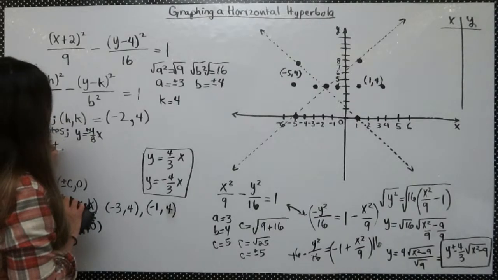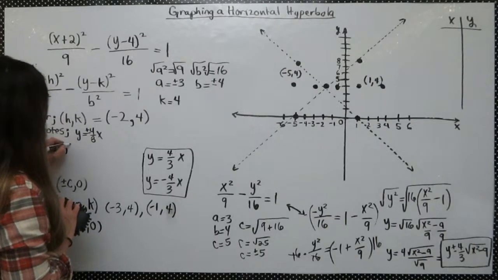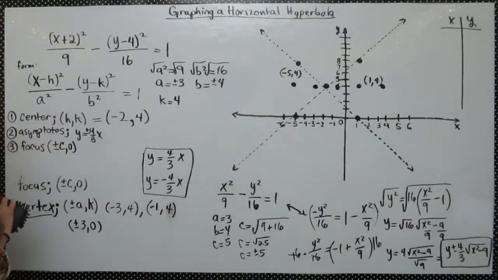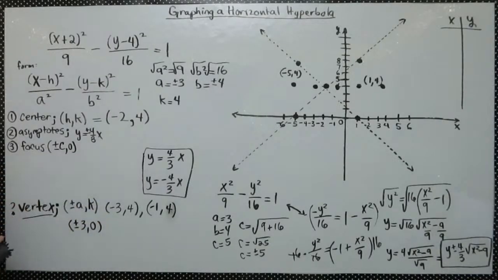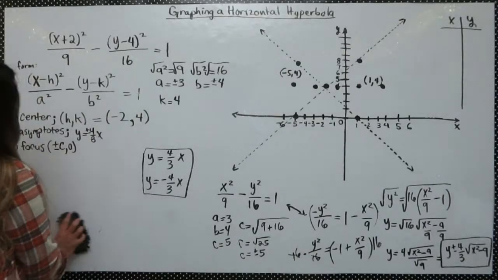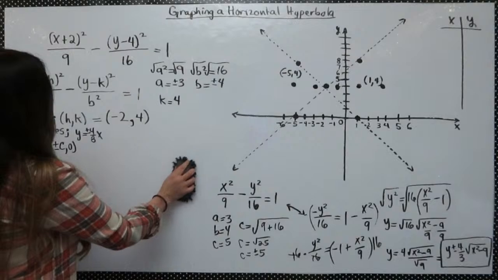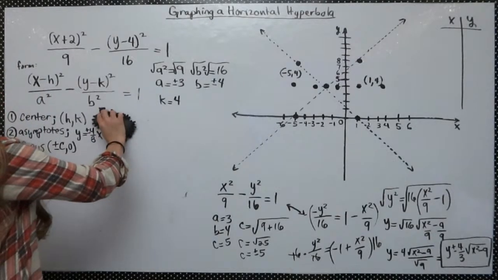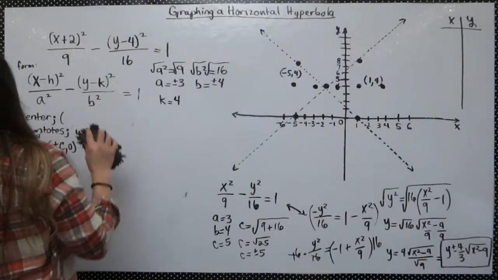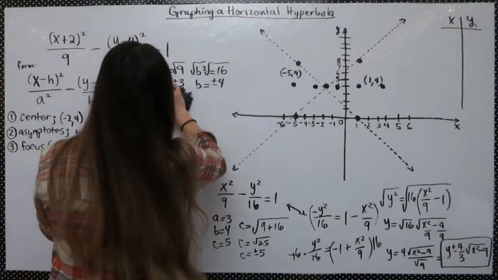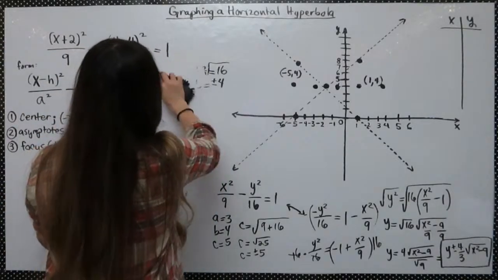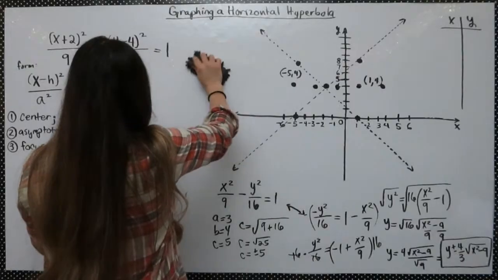C was, I'm gonna put c, 0 because I'm not even sure if that's the actual focus or not. I don't trust it because it's got to be shifted. And then the vertex, I'm not sure about the vertex either, so we're gonna erase that. I rewrote that. Make this a little bit smaller. It says the center is at -2, 4. So that. All right, because I need room.